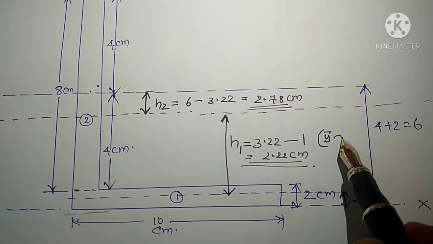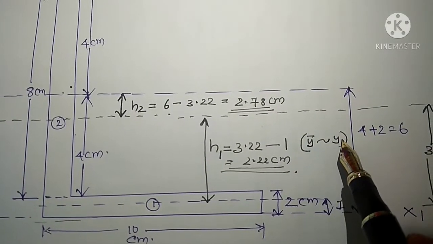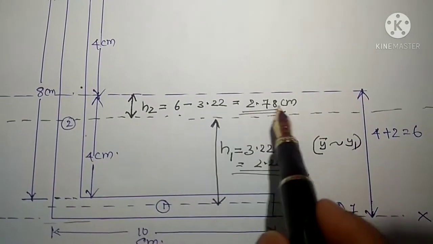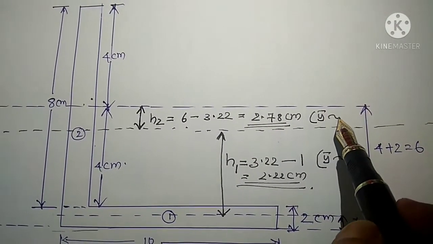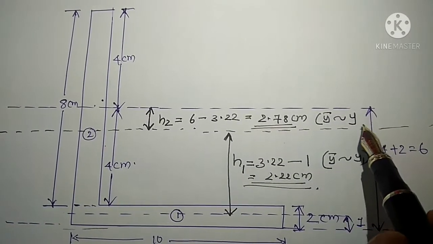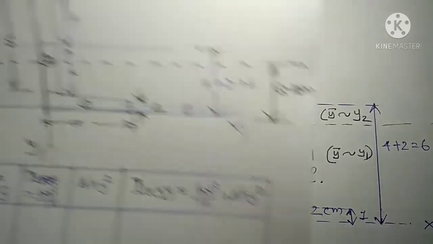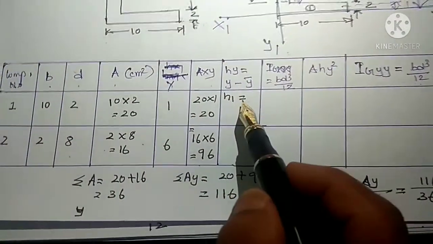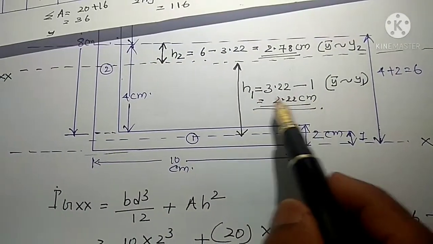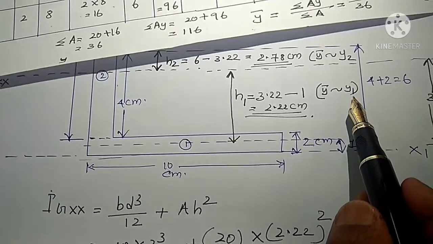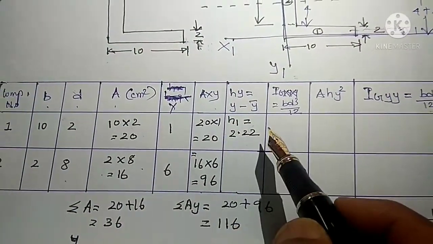This value I am taking as y1, and for this one it is y2. Here it is y bar minus y1, so that value is equal to 2.22.